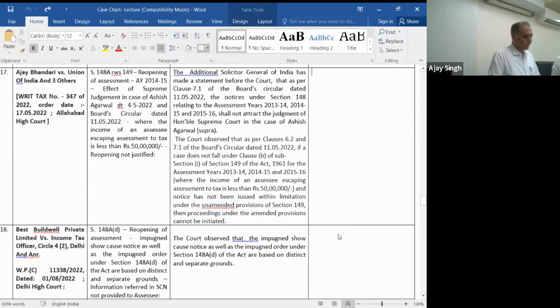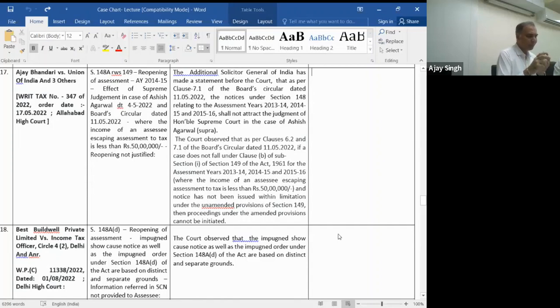Here, basically, in one of the paragraphs, after referring to the rejoinder of the department and looking into the reasons, the court came to a conclusion that the impugned order and the show cause notice which was issued to the assessee earlier are based on distinct and separate grounds, and therefore this order passed under 148A sub-clause D is not correct.